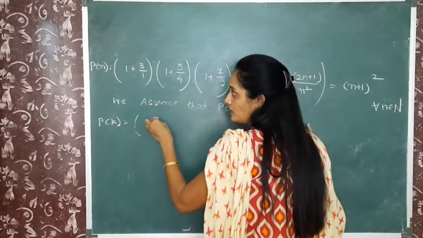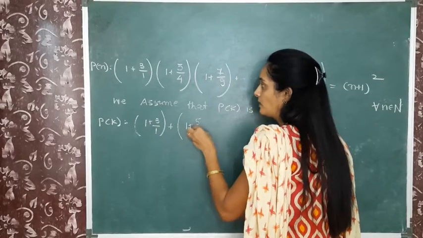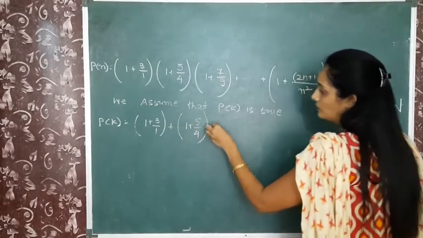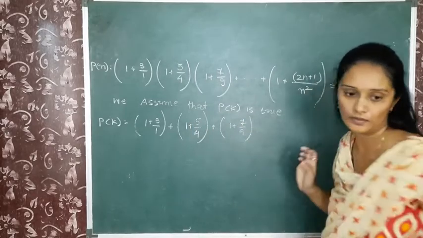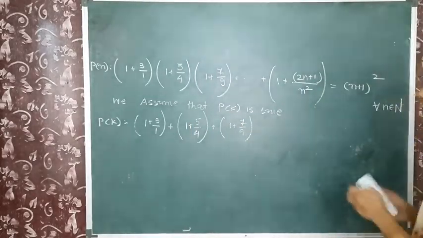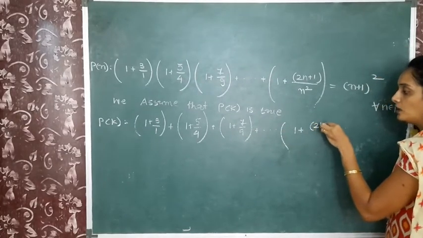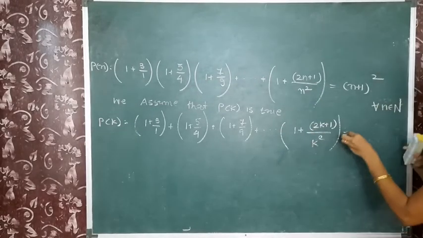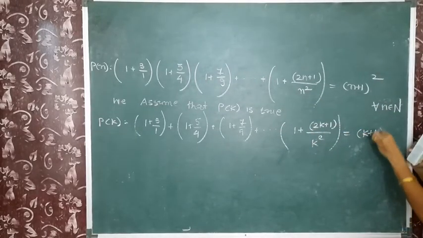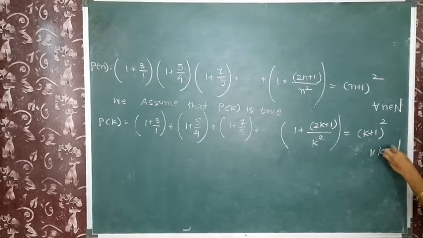So (1 + 3/1)(1 + 5/4)(1 + 7/9) up to (1 + (2k+1)/k²) is equal to (k+1)² for all k belonging to natural numbers.